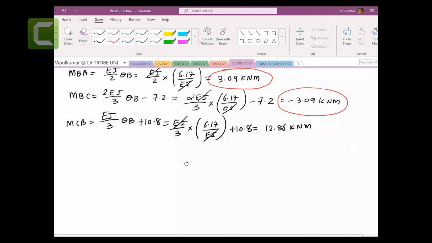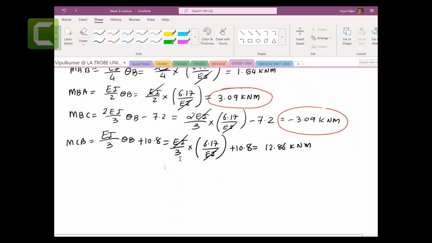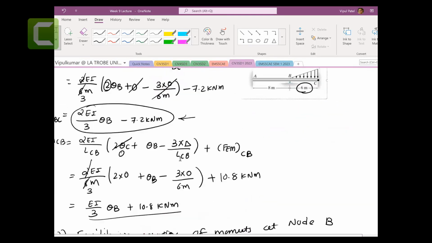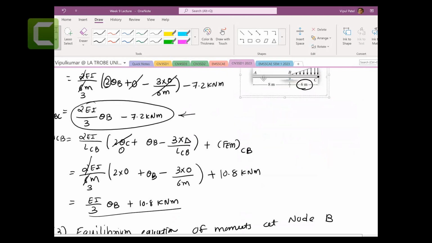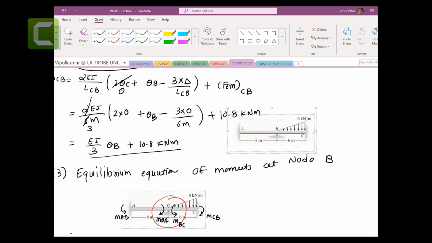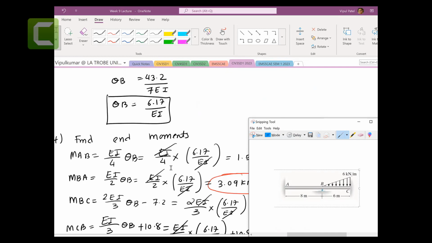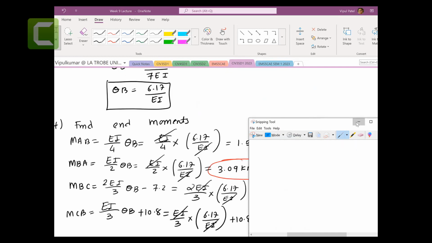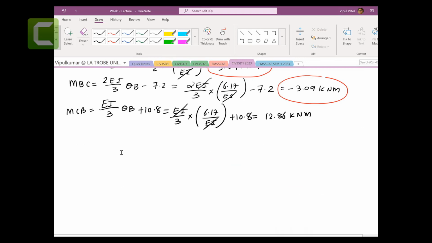This is all good. So in that case, I can say that these values can be put on my figure for my question. Let me copy and we can put it here.